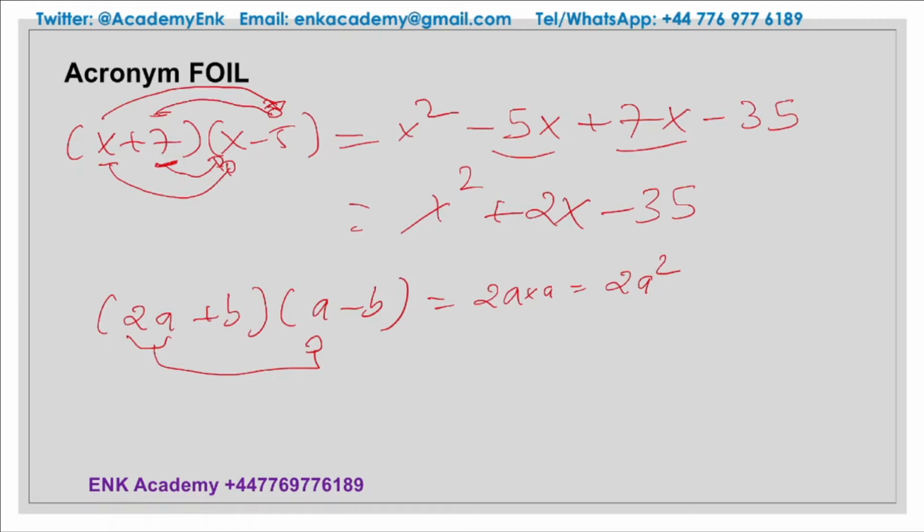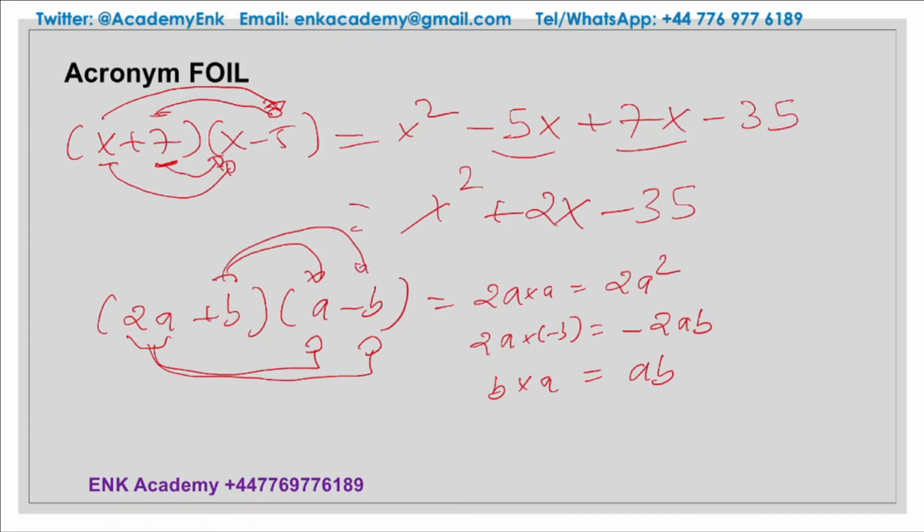The second one is 2a times minus b, which will be minus 2ab. And then b times a will be ab or ba. And b times minus b will be minus b squared.